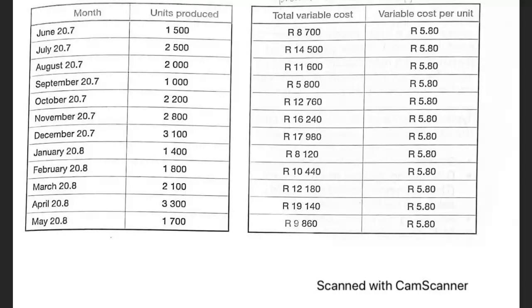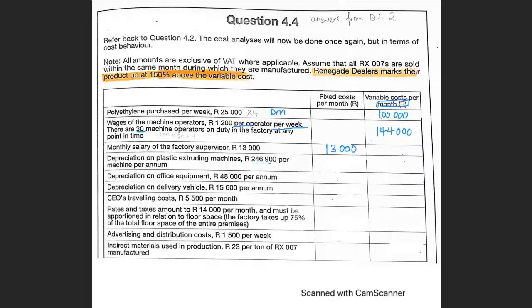So we needed to bring this into our calculation because to convert this to a monthly figure, the first thing we needed to do, and we did this in question 4.2 as well, is you multiply that figure by 4 to get to the total value of depreciation for all 4 machines. But then because it was per annum, once we had that total, we would divide it by 12. So that gave us a depreciation figure of 82,300, and depreciation does not depend on our level of production. So this would be a fixed cost.